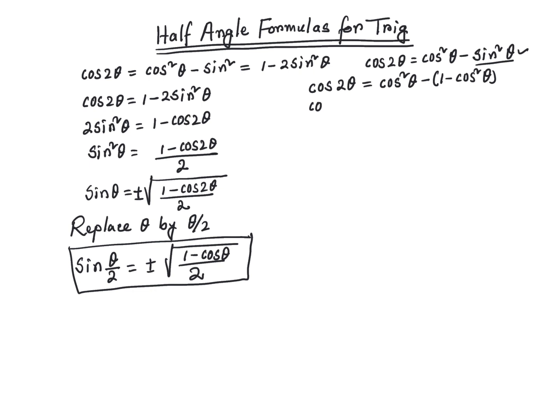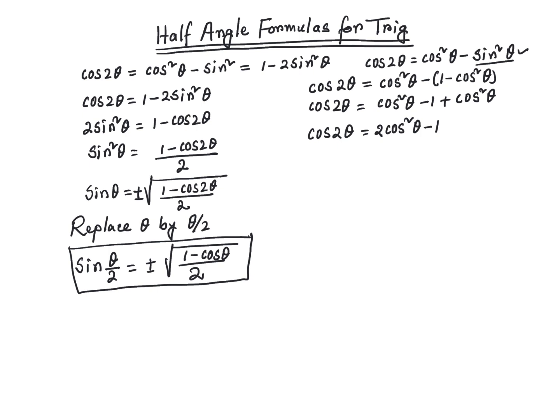So cosine of 2 theta is going to be cosine squared of theta minus 1 plus cosine squared of theta. That gives me cosine of 2 theta is equal to 2 cosine squared of theta minus 1.